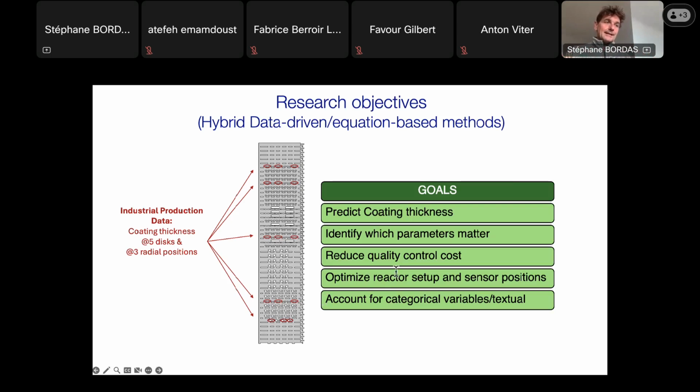So as you can see, another question that's very important that I just talked about is how to optimize the reactor setup. That means, how do I put these trays on top of each other, right? In which order do I put them? You see all these little holes here, they are not random. They are chosen in order to facilitate the flux of the chemicals in the reactor.